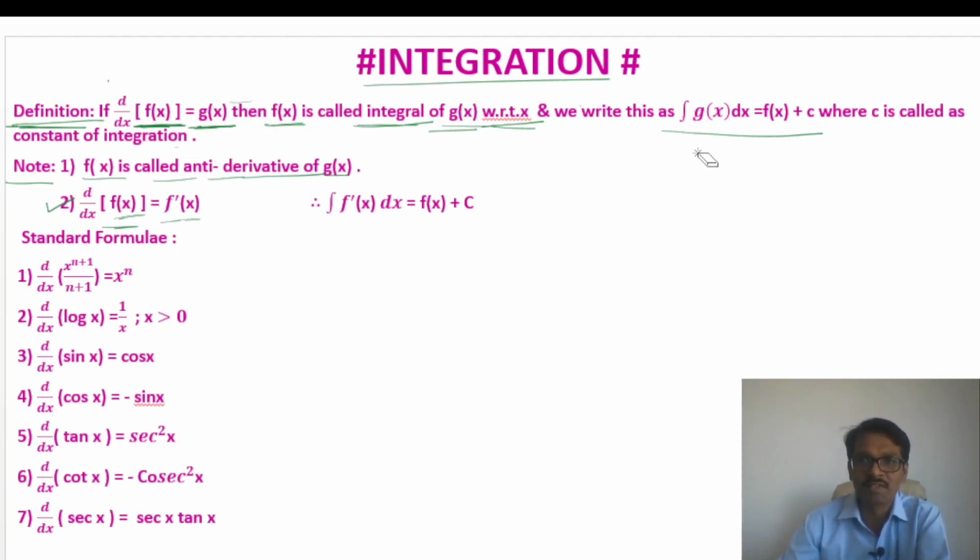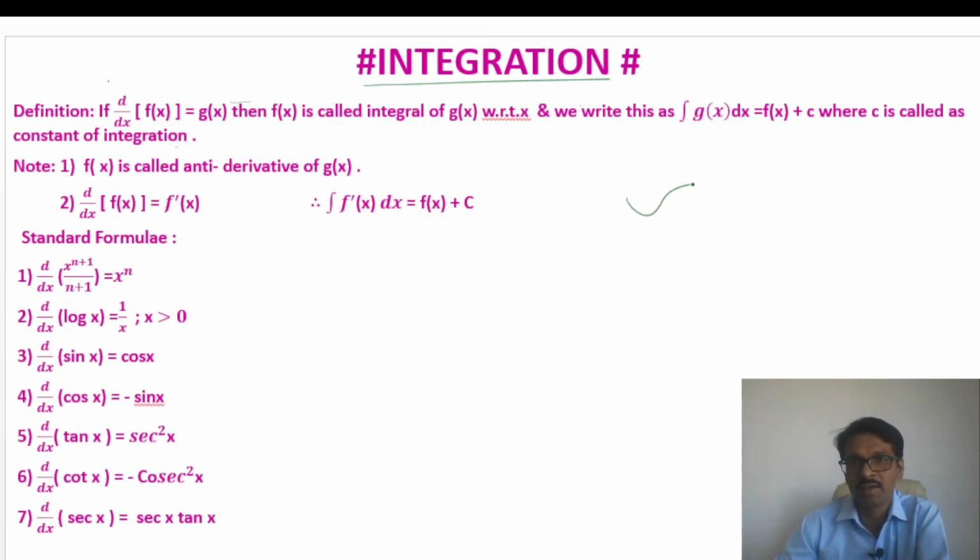What is the application of integration? By using integration, we have to find the area under the curve.